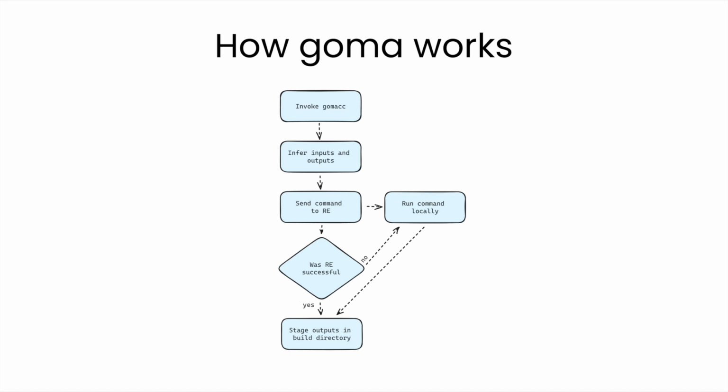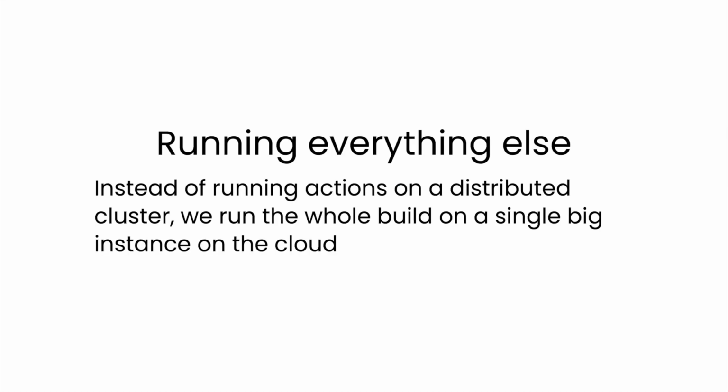Once you have this, you can just start the usual workflow of sending the command, trying to check the action cache, and so on that we've just explained with Bazel. Except this uses these optimistic implementations that's going to try to run the command first. And then if it fails, it's going to either try to upload the files, or in some cases, even try to run it locally as a fallback. And then there's the last step, which is everything went fine. But then the real problem here is, how do we run everything else?